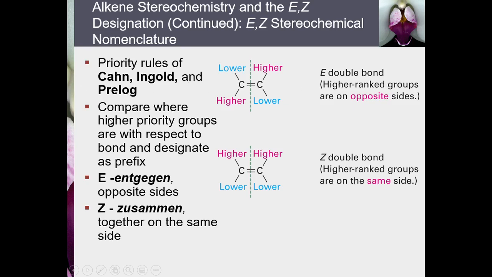So in this process kasi, we compare where higher priority groups are with respect to the bond and designate as prefix. So we have here E, entgegen, it means opposite sides, and then Z is zusammen, it means together on the same side.